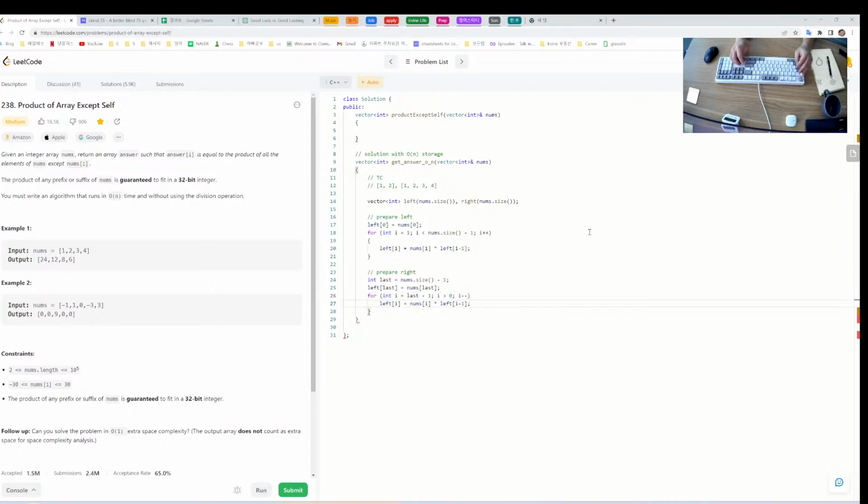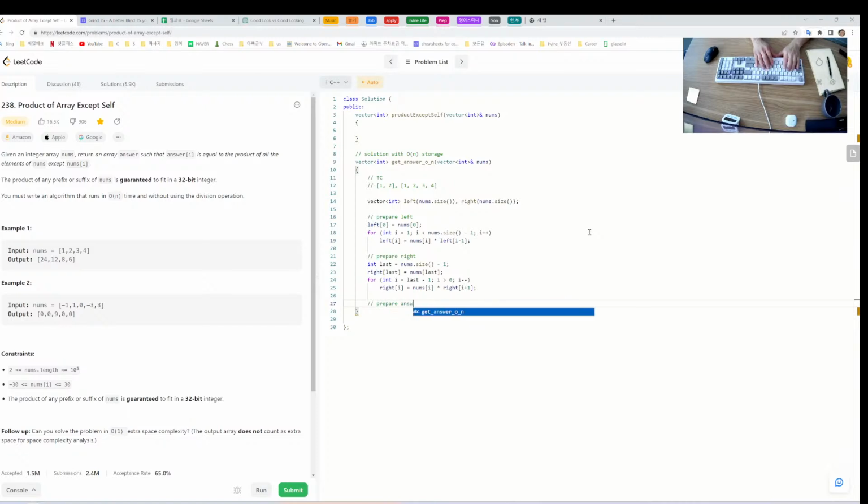And then right[i] is nums[i] multiplied by right[i plus 1].